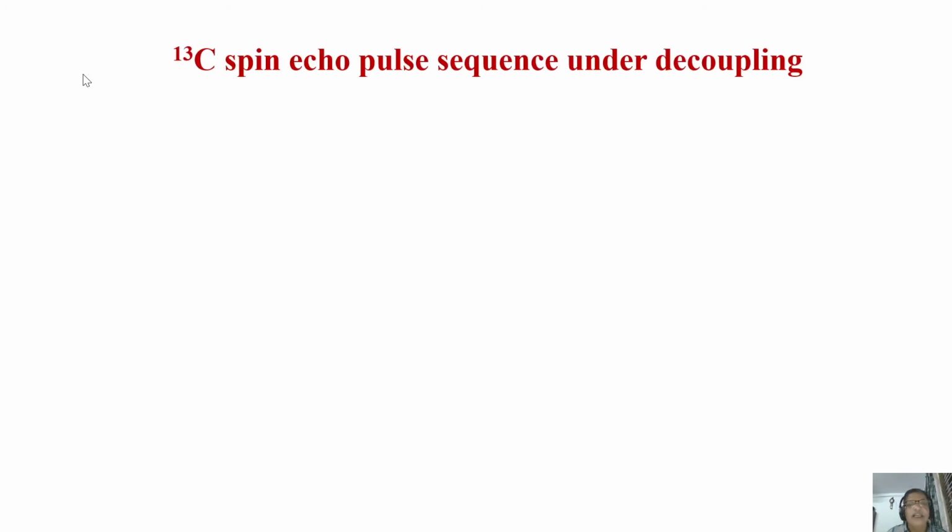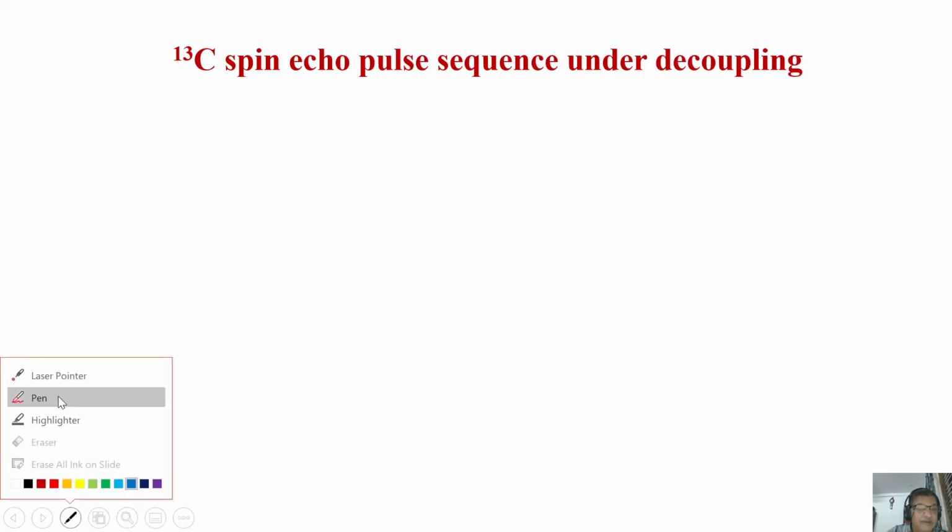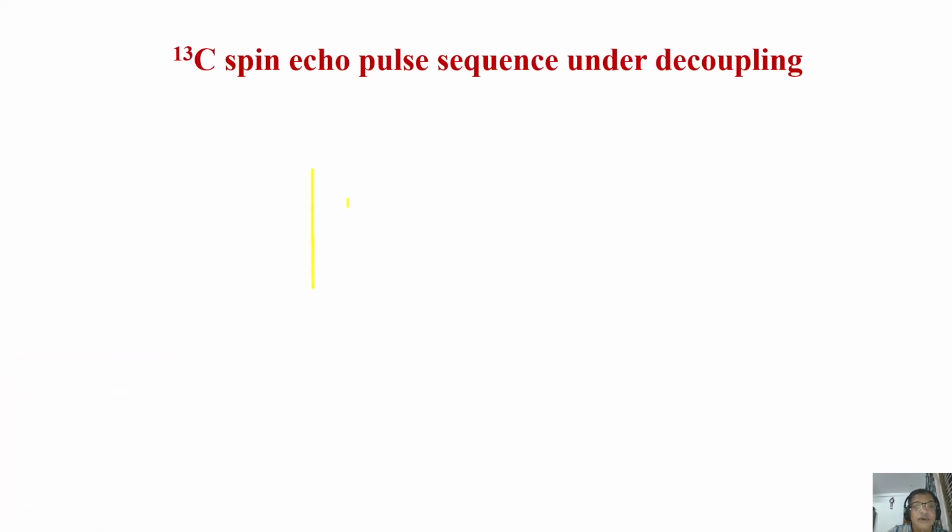What happens is, let us say an AX spin system is there. Here is A and this is X. Two spins are there. In the AX coupled spin system, we already saw that there are two doublets like this. Now I can start selectively irradiating this proton.